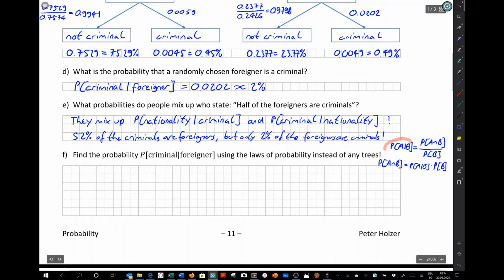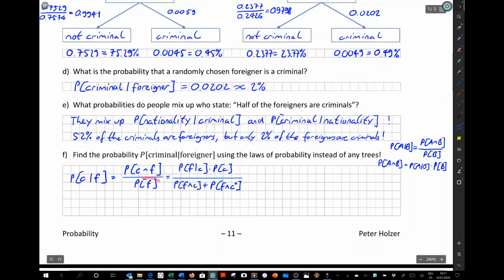So P of A given B is the probability of A and B divided by the probability of B. And we can also write the probability of A and B as probability of A given B times the probability of B. So the probability of criminal given foreigner is the probability of criminal and foreigner divided by probability of foreigner. The probability of criminal and foreigner can be written as probability of foreigner given criminal times probability of criminal.